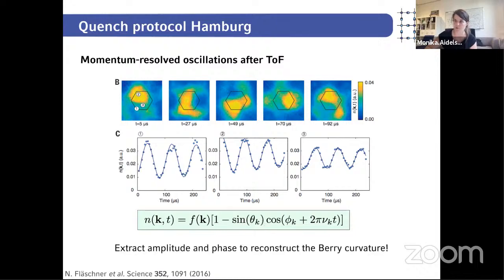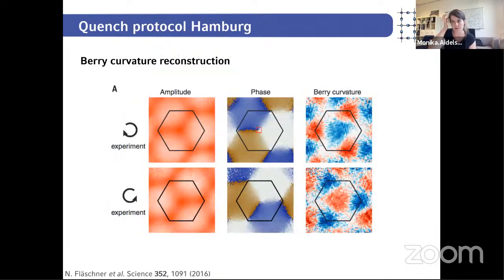And from these values, this is what you see in this summary plot. On the left, you see the amplitude of the oscillation that they extract for two different chiralities of this modulation that they apply. You see the phase. And now from these two quantities, they compute the momentum resolved Berry curvature.